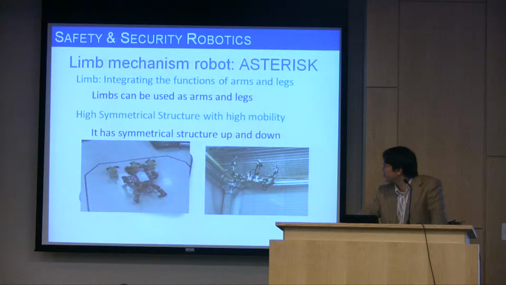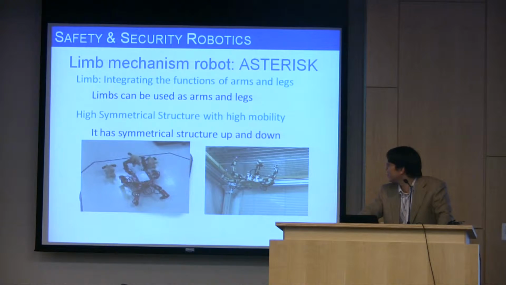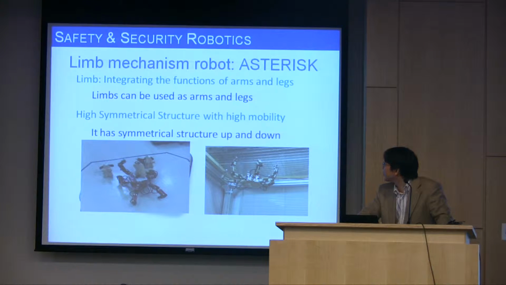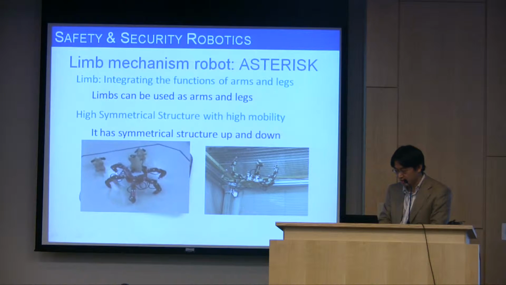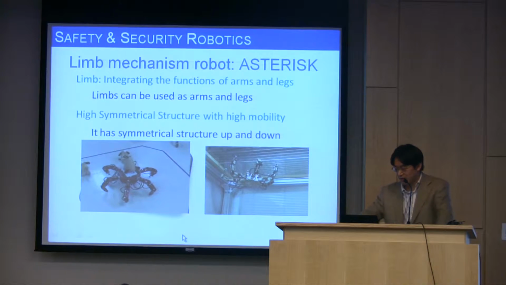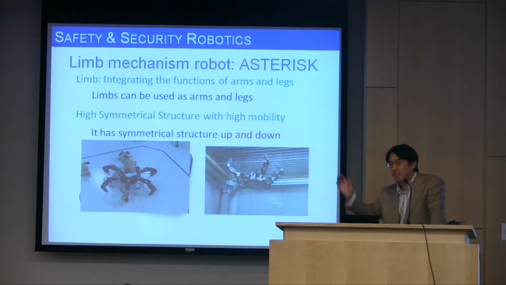Then the robot can move while carrying a very small object on its back. It has a very symmetrical structure, so it has omnidirectional movement ability, and it is also symmetrical up and down, so it can move above the ceiling, like this.